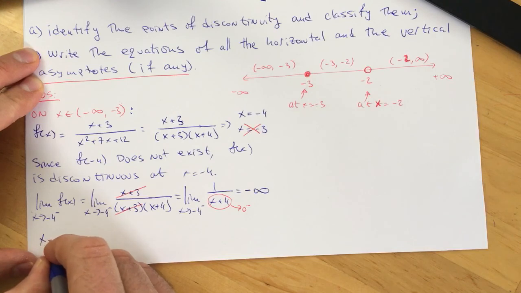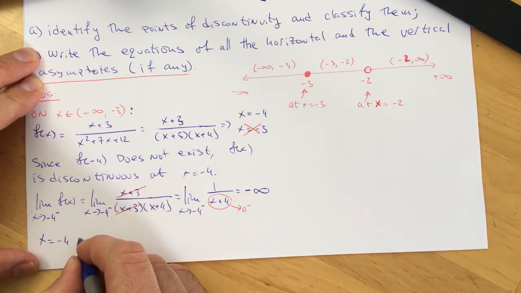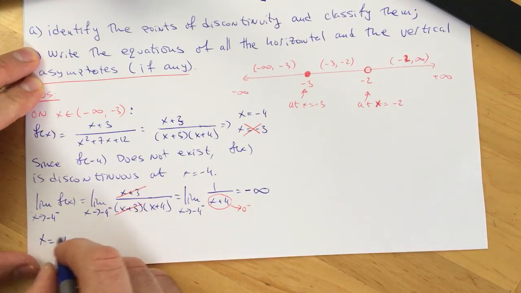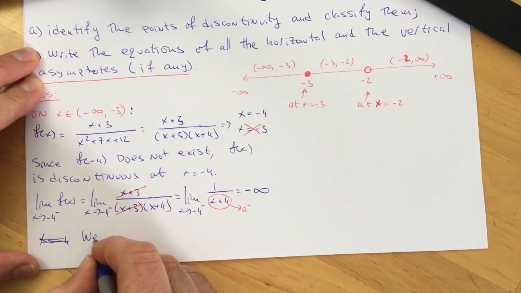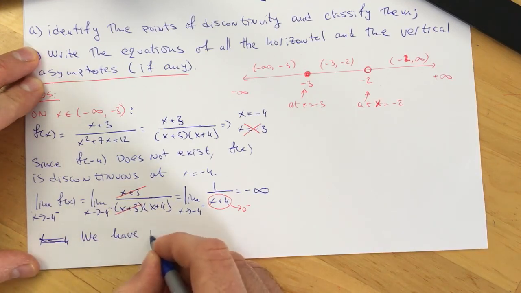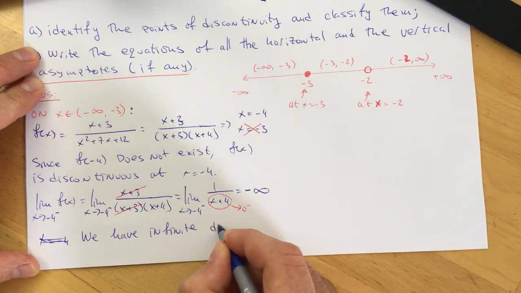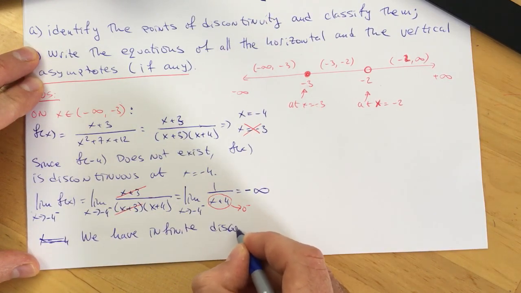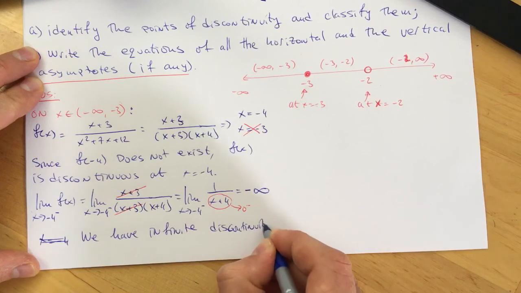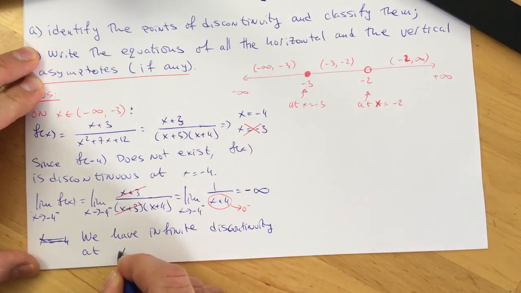So x is equal to negative 4, we have infinite discontinuity at x is equal to negative 4.